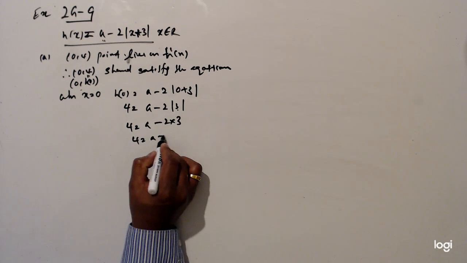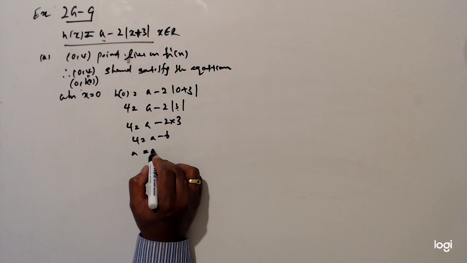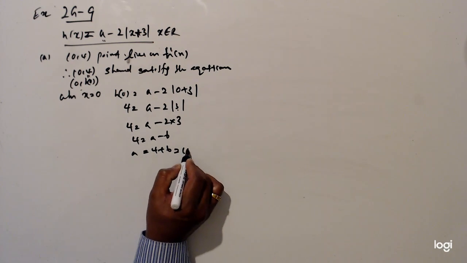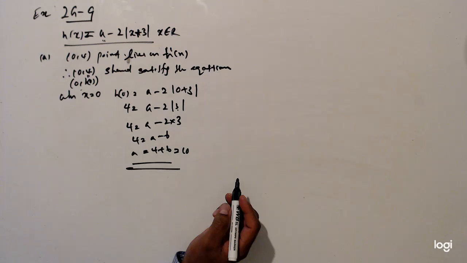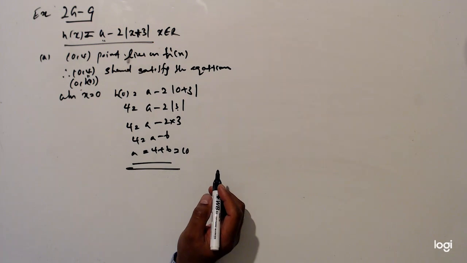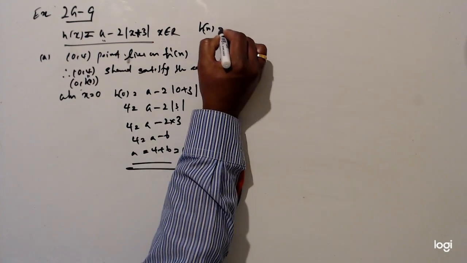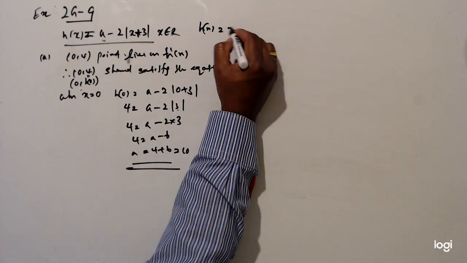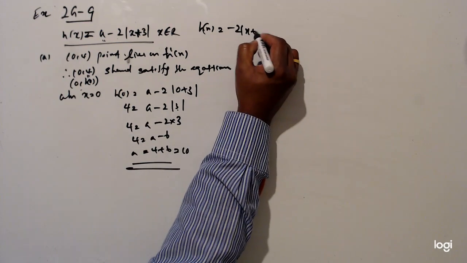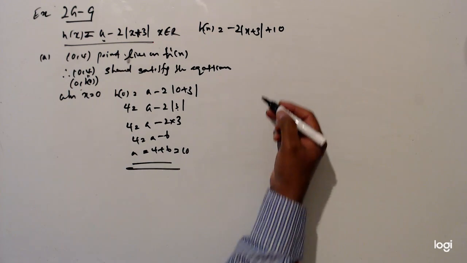So 4 equals a minus 6. A equal 4 plus 6 equal 10. So we can write the equation hx equal, I will write this part earlier, minus 2 times mod x plus 3, and a is plus 10 now.